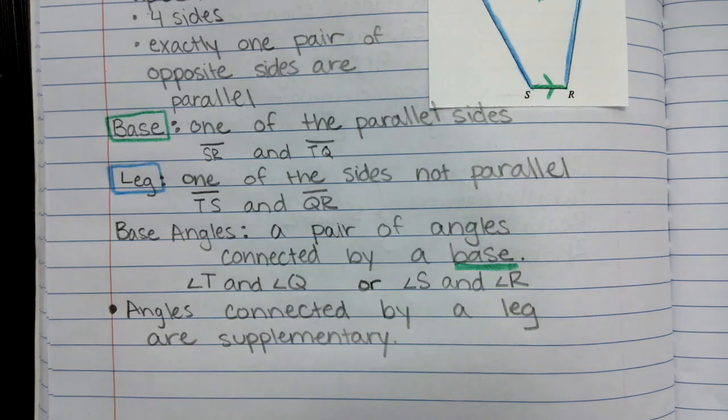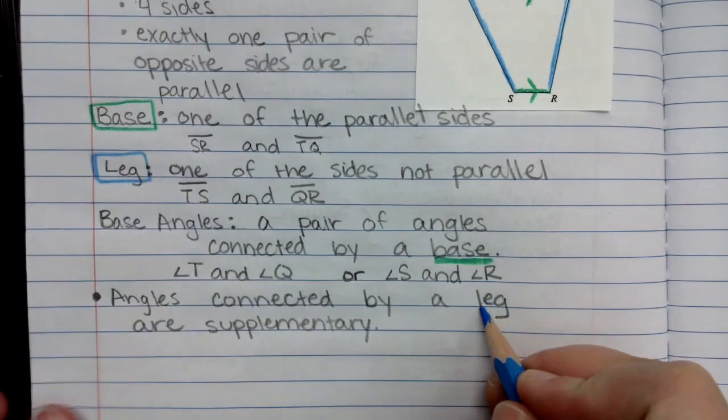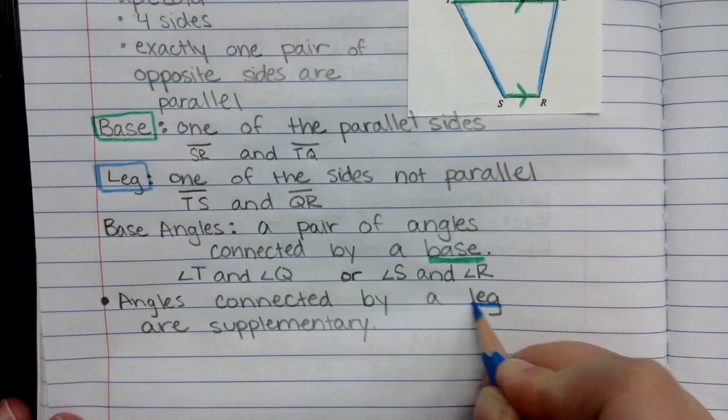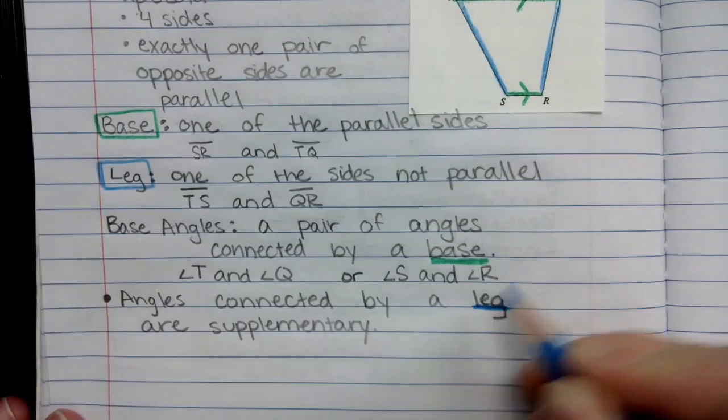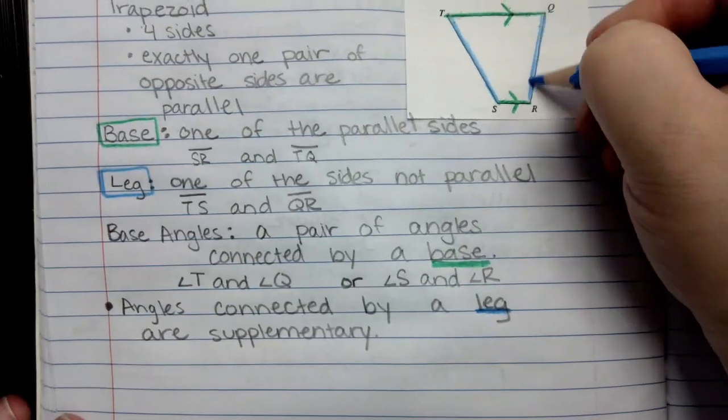So which two angles would add up to 180 in this trapezoid? What are two angles that are connected by one of the legs?